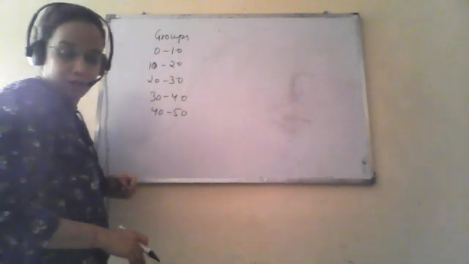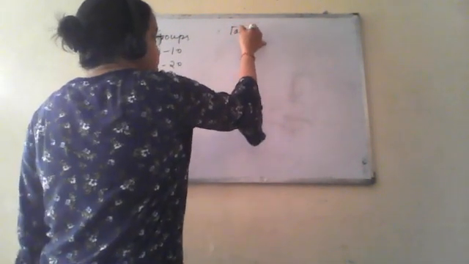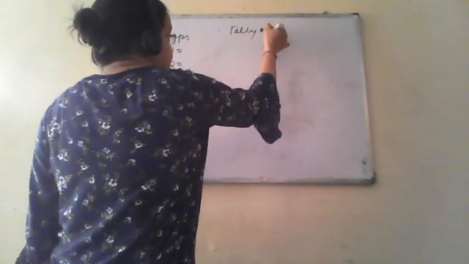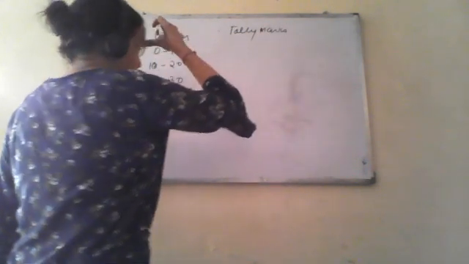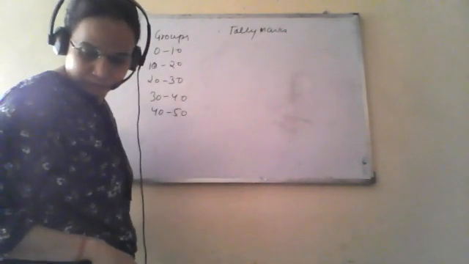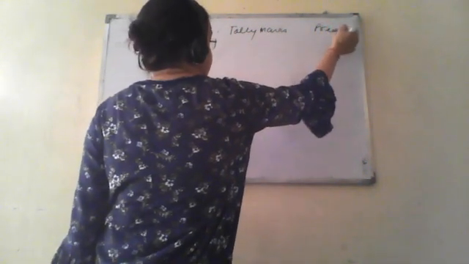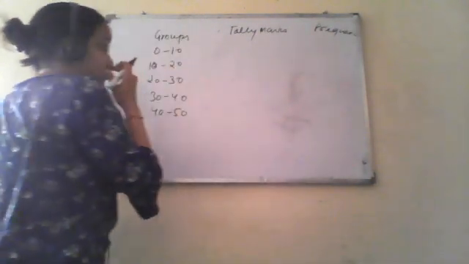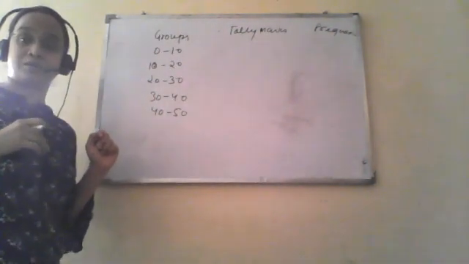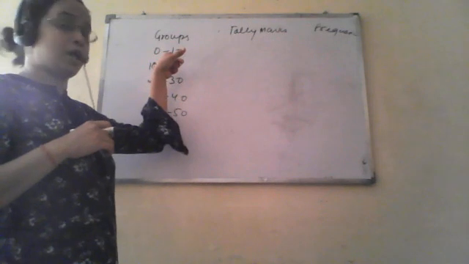Now there we have tallymarks and we have frequency. Now these are the marks groups, like between 0 to 10.